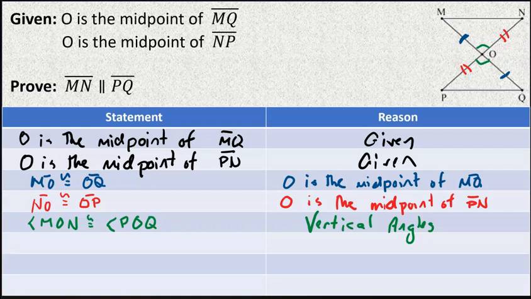Now I could prove my triangles are congruent. Let me just take an inventory. So once again, I have side angle side here, allowing me to prove these triangles congruent using that postulate. So now I have to prove that line MN is parallel to PQ.